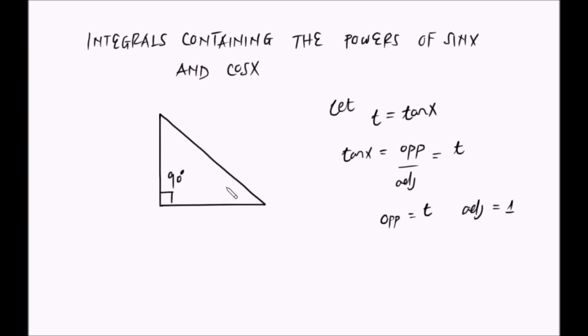Kwa hiyo if this is a particular right angle triangle and this is angle x, then the opposite is t, the adjacent is 1. So by using the Pythagoras theorem, hypotenuse will just be the square root of t squared plus 1. So hapa tutakuwa tuna t squared plus 1.